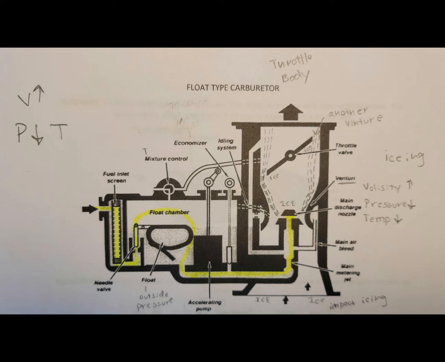What is the purpose of an accelerating system on a float-type carburetor? Throttle is opened rapidly, accelerating pump will temporarily enrich the mixture in the venturi. Describe the purpose and operation of a venturi.